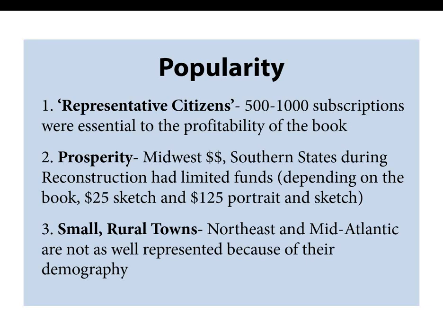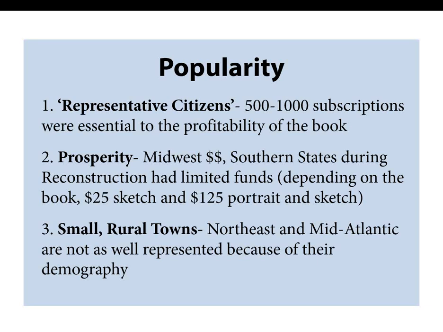And as we'll see going forward in a little bit, depending on the book, the person who's included in that particular book might pay between $25 and $125 to be included, whether that's a sketch just including their information, or a portrait of themselves with a sketch of their information.